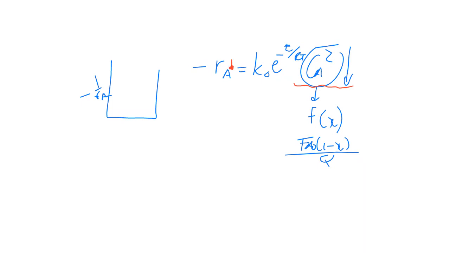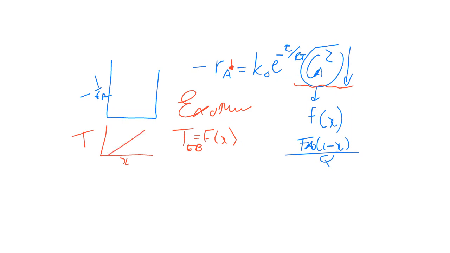However, if I have an exothermic reaction, let's just consider my temperature from the energy balance as a function of X. So if I have my temperature as a function of X for an exothermic reaction, all of you got this positive slope. As I increase X, I increase the temperature. So with an increase in temperature, this term wants to go up.